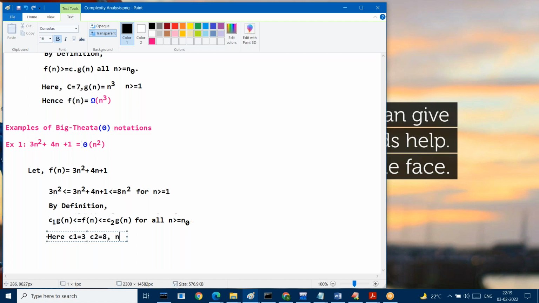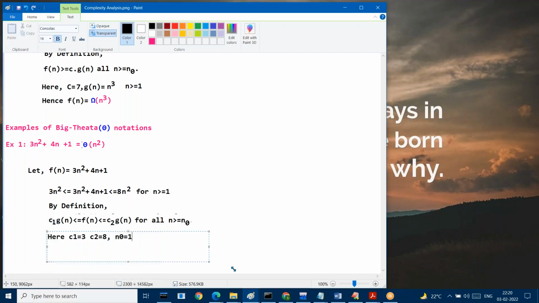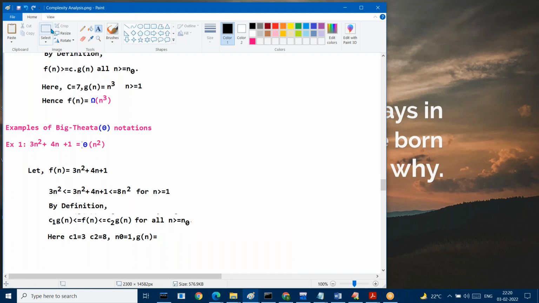N0 will become 1. Gn is equal to n squared, sir.